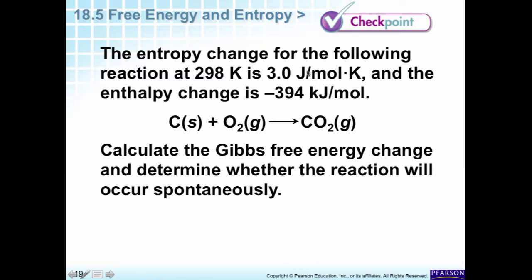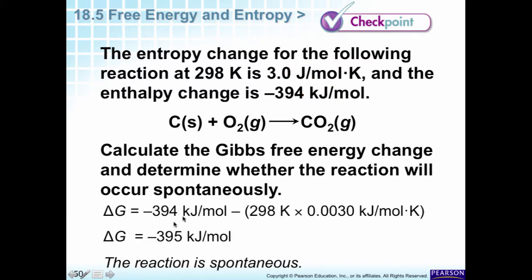The only thing I want you to be really careful about when you do the ghost equation is that this is kilojoules and this is joules. So when you use them in the equation, you have to decide whether you are going to use joules or kilojoules. You have to convert one of these to the proper unit. All right? Okay, go ahead, try it out, see what you get.